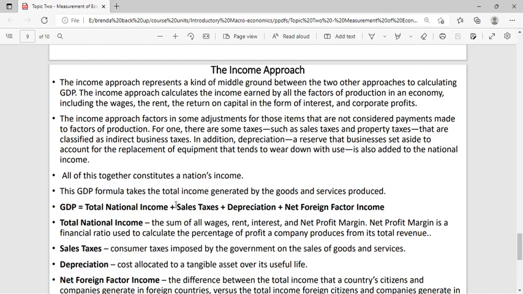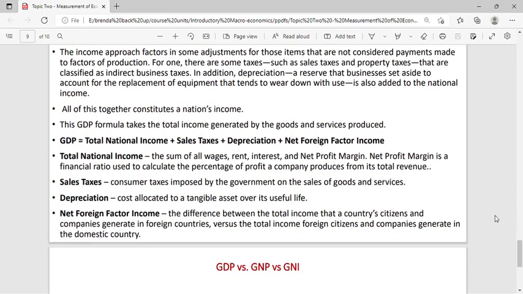Then on top of that, we add the sales taxes, we add depreciation, which is the cost to a tangible asset over its useful life. And then we also add in the net foreign factor income. So the net foreign factor income is the difference between the total income that a country's citizens and companies generate in foreign countries.